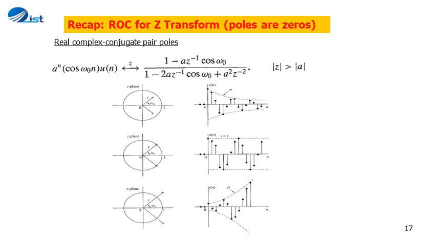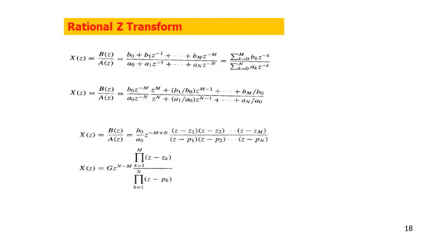Now we will move to something which is new to this lecture, which is the rational Z transform. You have seen in many examples that the Z transform of any function can be written in the form of a ratio of two polynomials, which we can represent as B(z) and A(z).